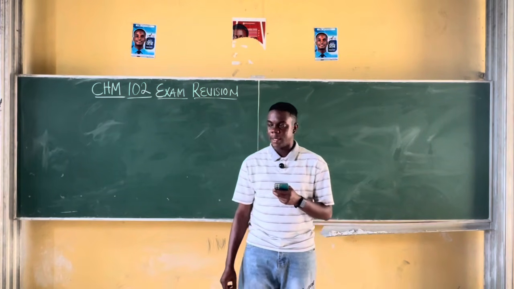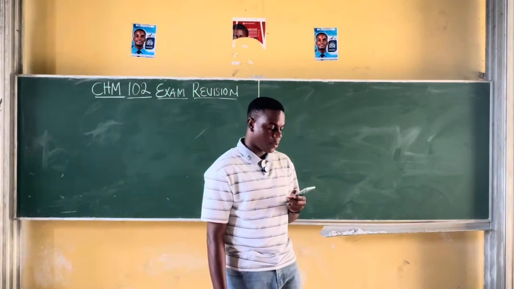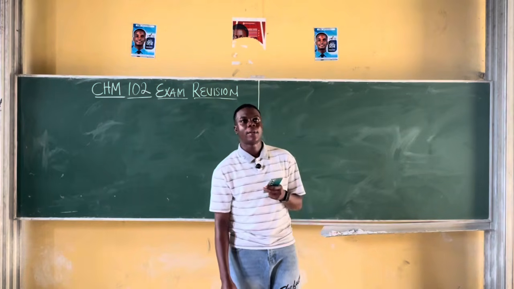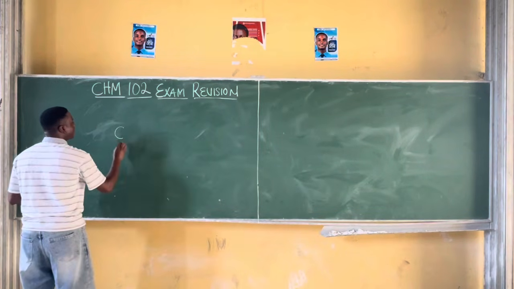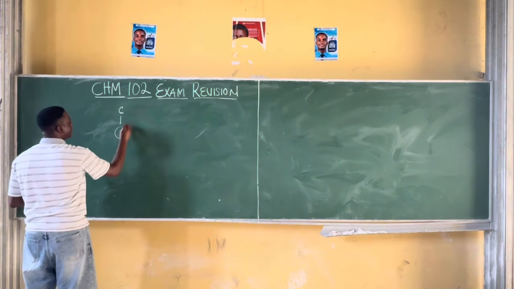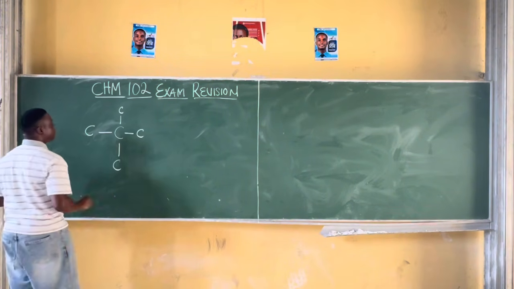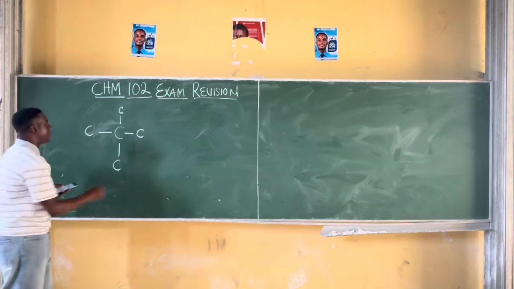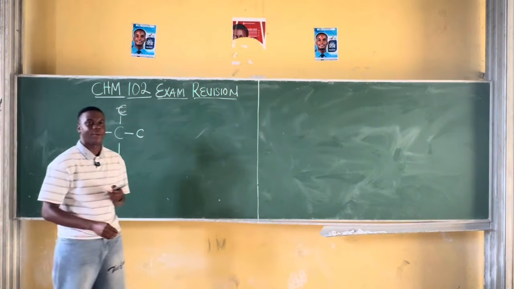The next one says, a carbon atom bonded to 4 other carbons is called a dash. Let's say we have a carbon atom bonded to these carbons.